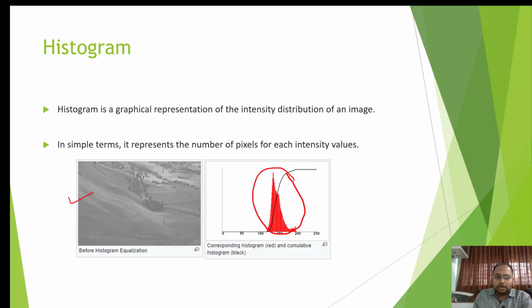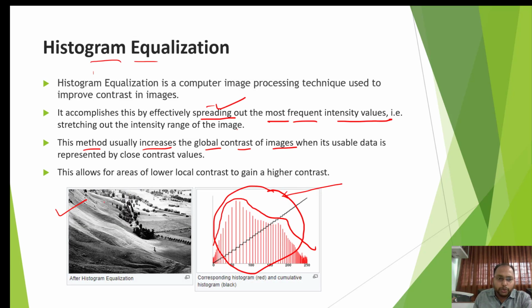I hope you can identify the difference. The original has very poor contrast, and once we go for histogram equalization, we get a better quality image. So this method has increased the global contrast of the image when its usable data is represented by close contrast values.